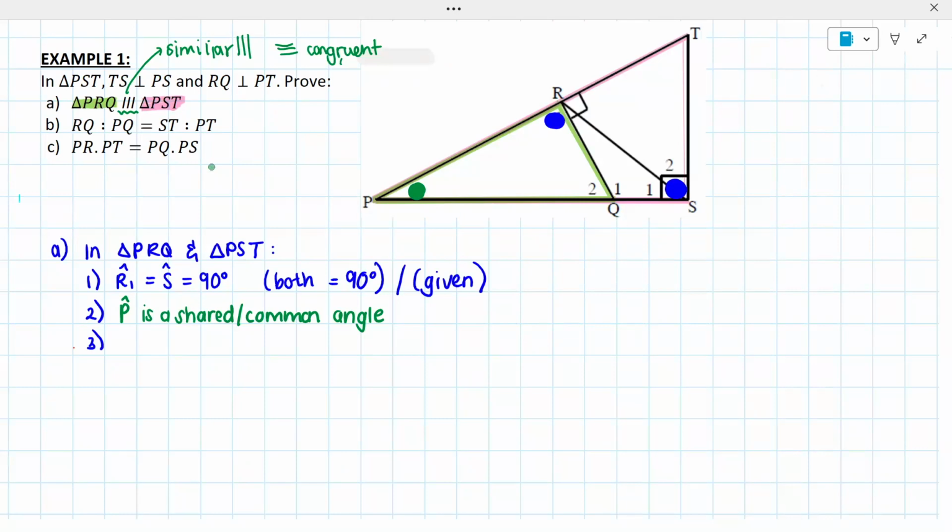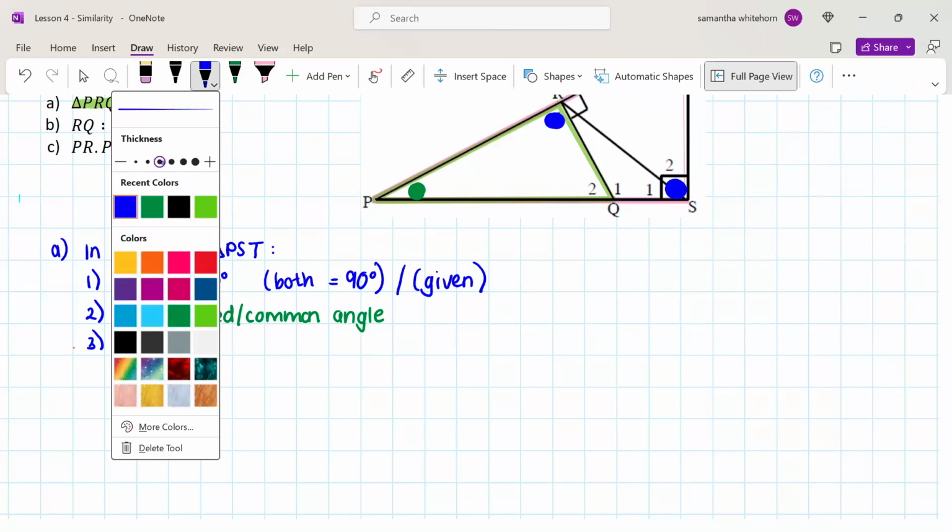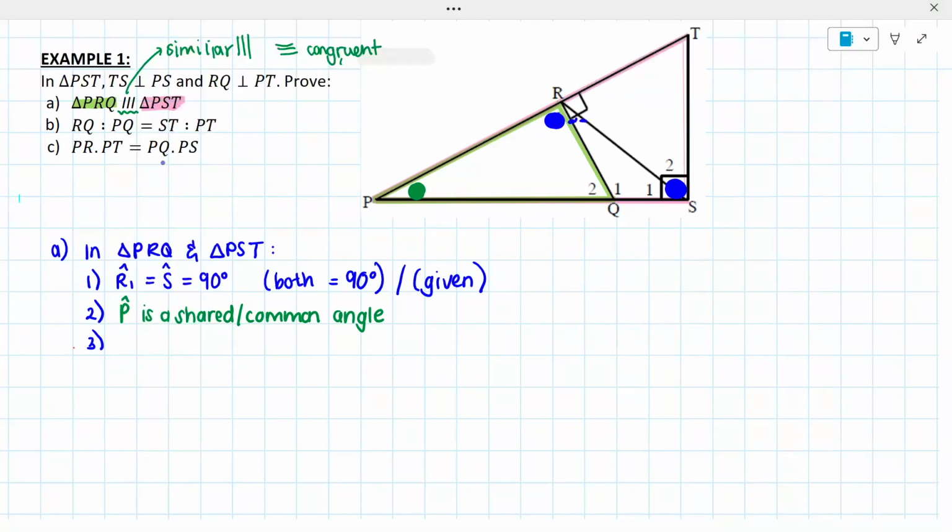Because let's say, for example, we already know the blue angle is 90. And let's just say, for example, angle P was 60. The only other possibility for my third angle in both triangles would be 30 degrees. So once you've proven 2 of your 3 angles are equal, the third angle is automatically equal.